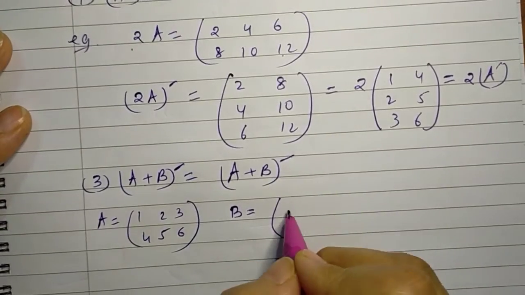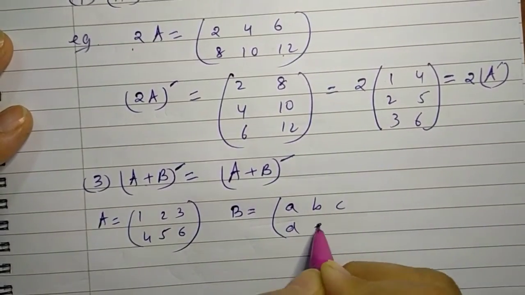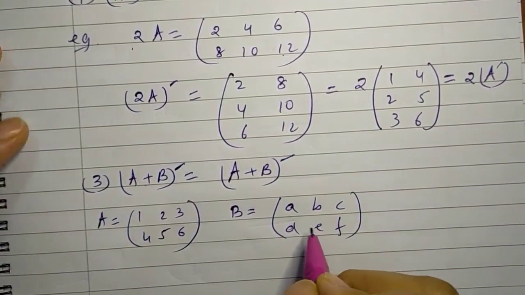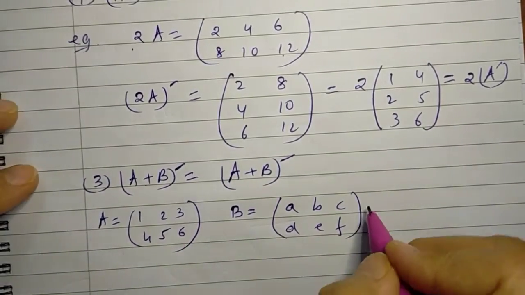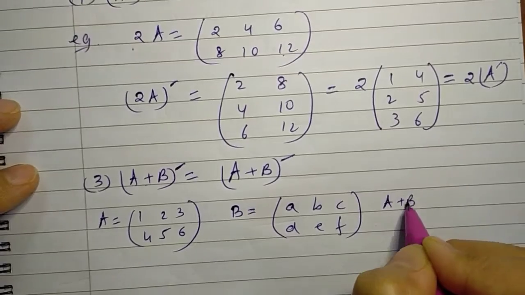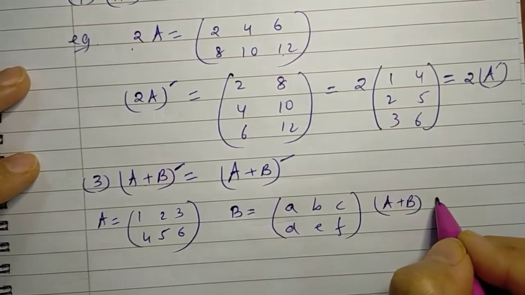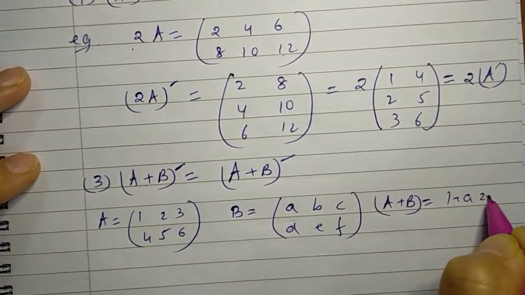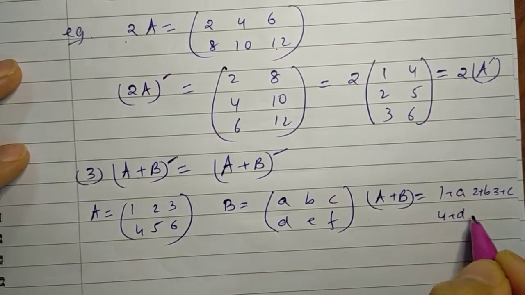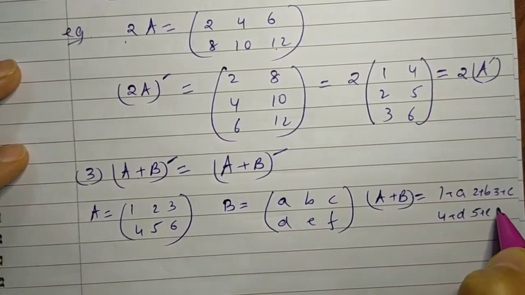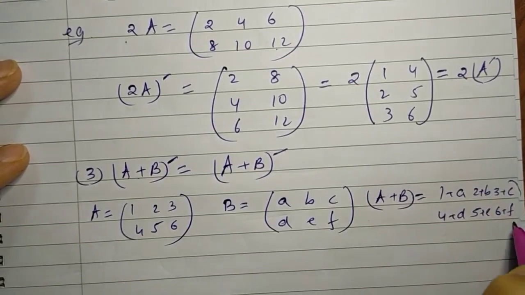So what do I get? a, b, c, d, e, f. I'm intentionally taking alphabets here so that you can clearly understand where the elements are going. So when you find A plus B, you will get 1 plus a, 2 plus b, 3 plus c, 4 plus d, 5 plus e, and 6 plus f.